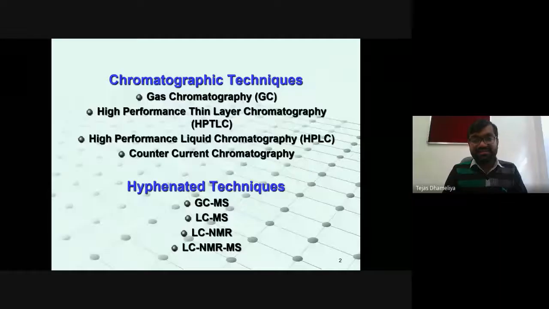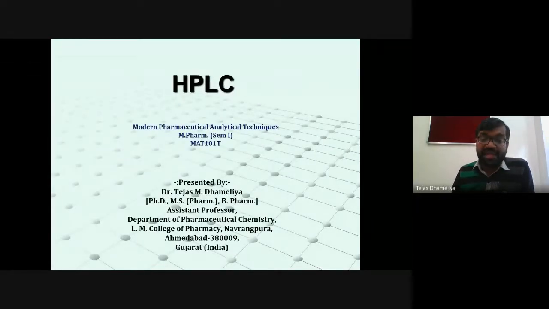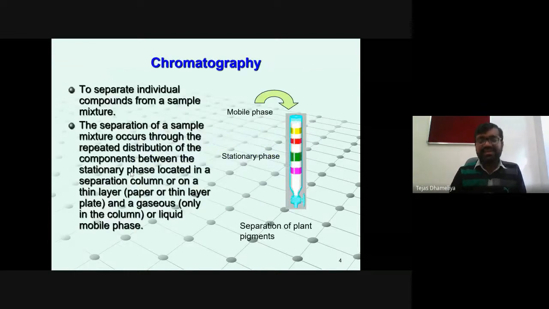First we shall go through these to introduce ourselves to these several techniques. Then we will be able to understand the concepts. Okay, so this is a part of your syllabus, and these are the techniques which can be used. Sometimes the techniques are hyphenated techniques. So let us first of all learn the basics of this.